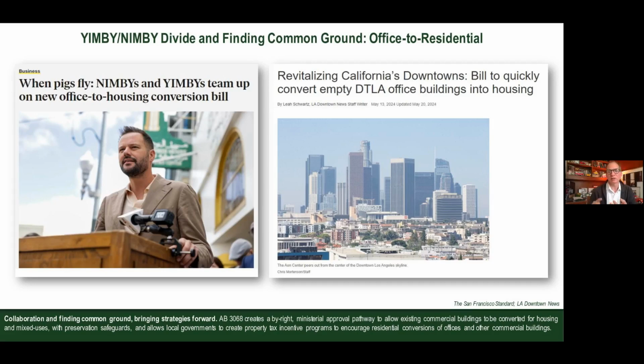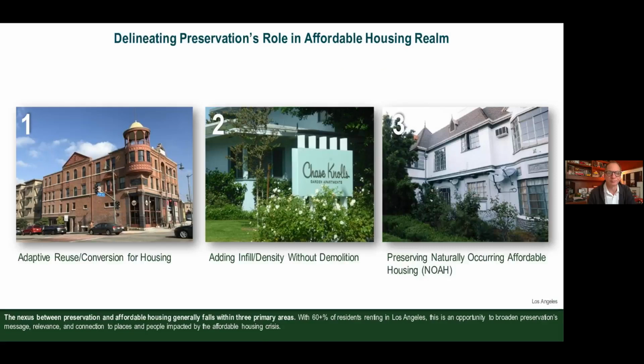So between the LA Conservancy, the California Preservation Foundation, and YIMBY Action, we spent a number of months meeting regularly to talk about this bill, to bring in experts to talk about how we could strengthen it, and also include some preservation safeguards to get to the place where the bill's been introduced. It now is sponsored in part by California Preservation Foundation and YIMBY Action. And again, it shows how there's some common ground, specifically around this idea of converting empty office buildings for housing.